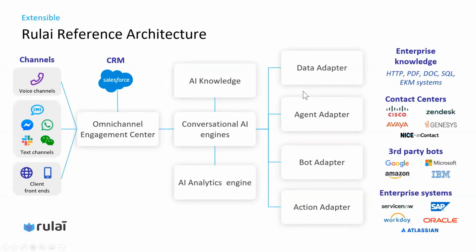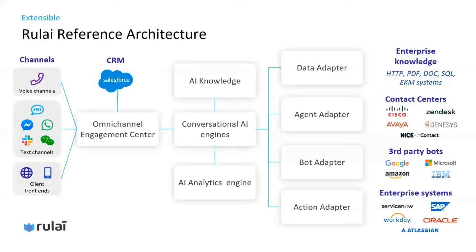And on this side, the virtual assistant extends to external systems. It can extend to the enterprise's existing knowledge base. It can extend to the contact center. It can also extend to talk with other bots. And it can also extend to other enterprise systems. When we talk about integration, we mean integration in 4 aspects.